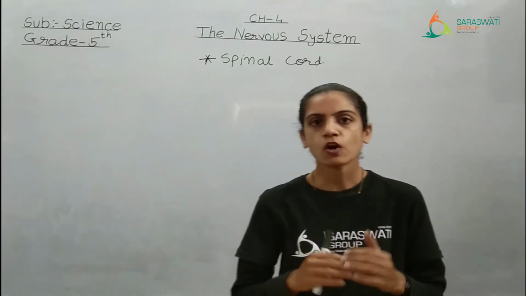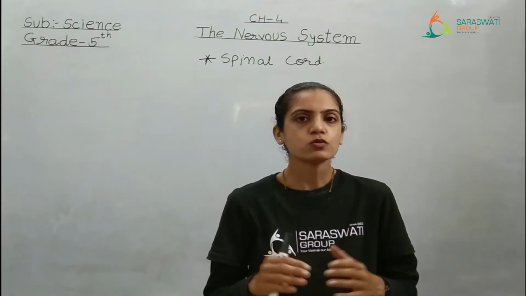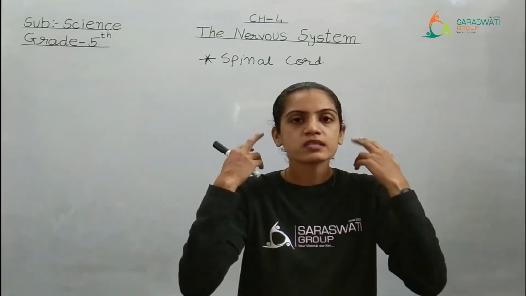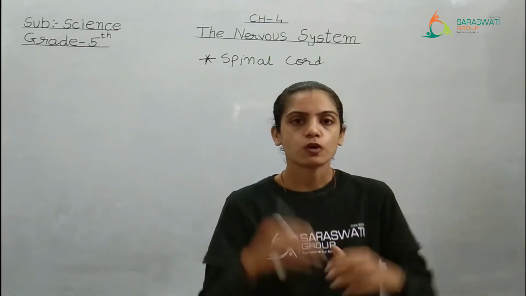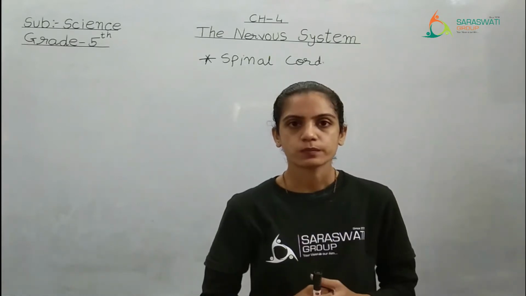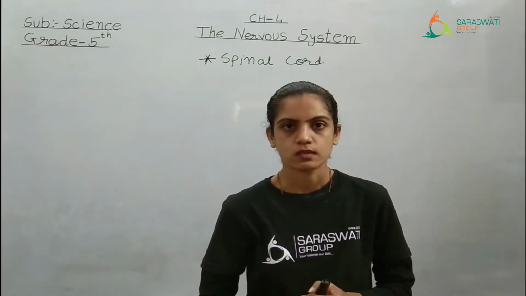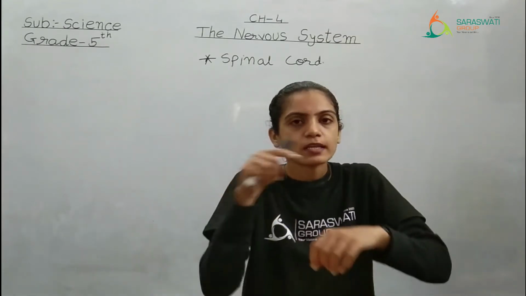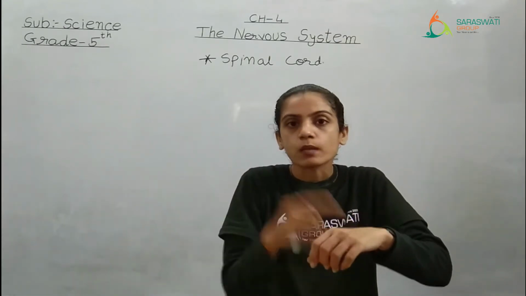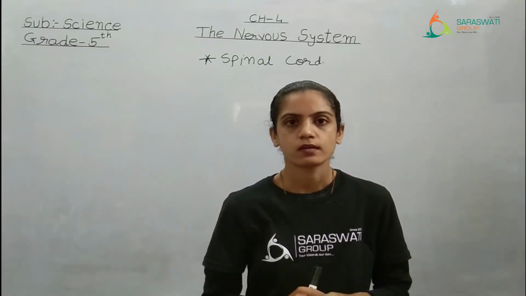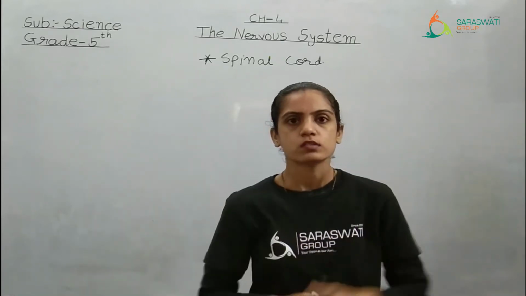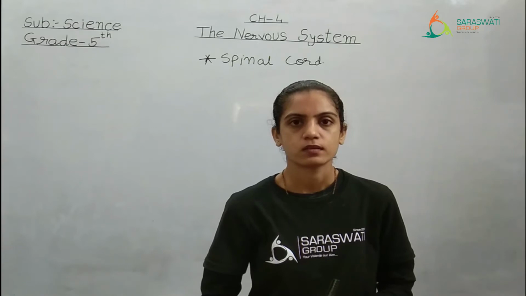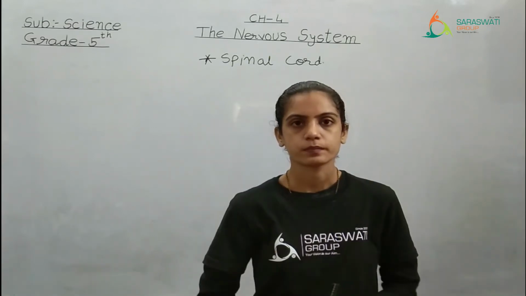In the beginning of this lecture, I gave you certain examples: the humming sound of the mosquito, the biting of the mosquito. So how do we come to know that in this area of our body a mosquito is sitting, and then we have to remove it by tapping it?